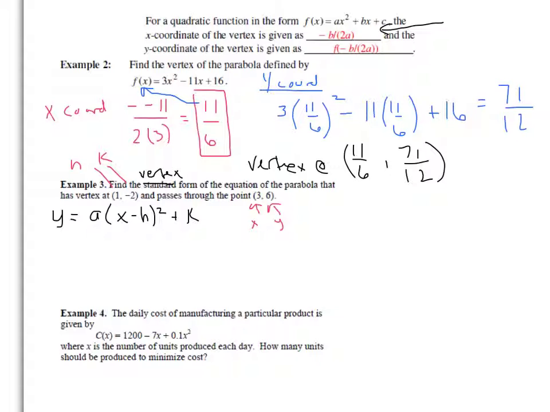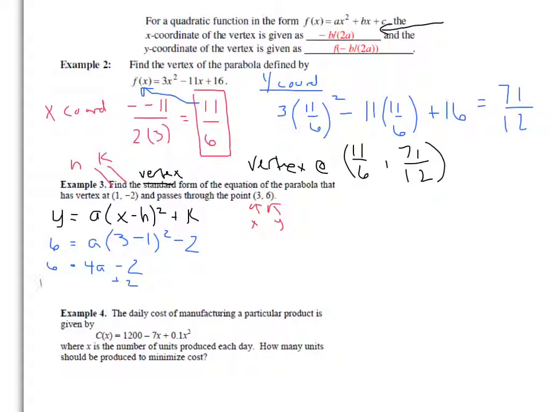So when I do that, I end up with 6 equals a times (3 minus 1) squared, and the k is the negative 2, so this ends up being minus 2. So notice all I got to do now is just solve for a. When I do that, I get 6 equals 3 minus 1 is 2, 2 squared is 4, so I end up with 4a minus 2.